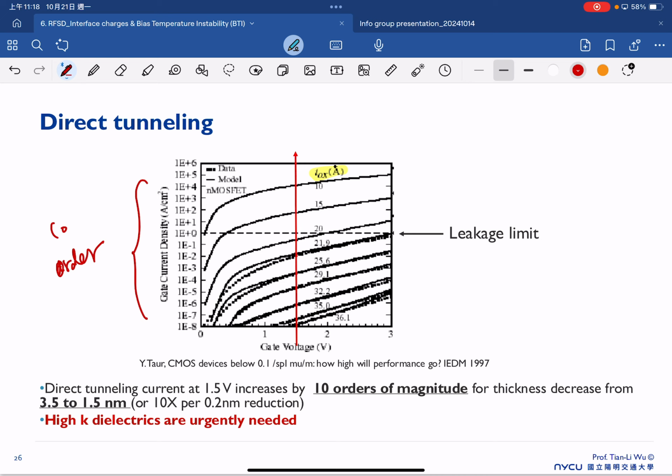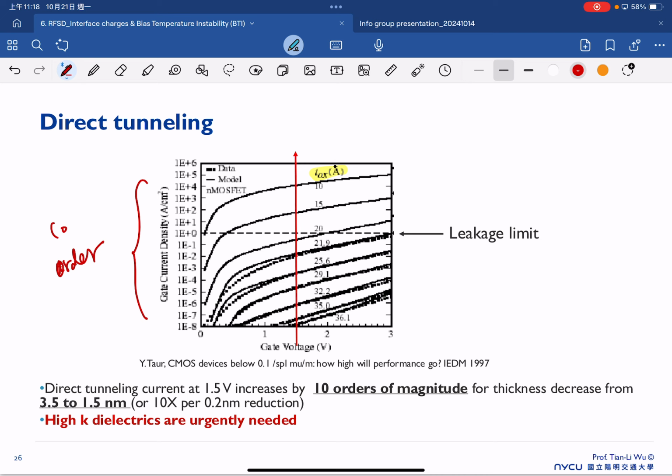So the direct tunneling current at 1.5 electron volt increased by 10 orders of magnitude when the thickness just decreased from 3.5 to 1.5 nanometer.